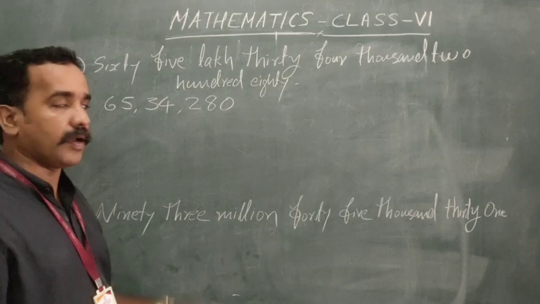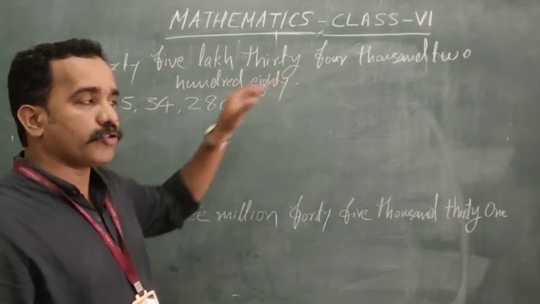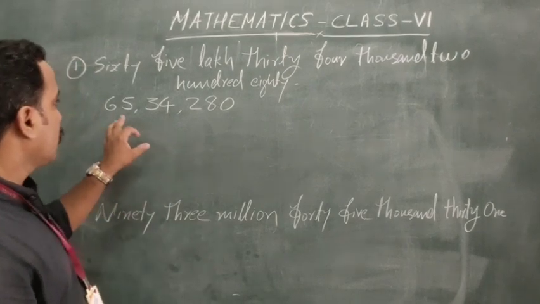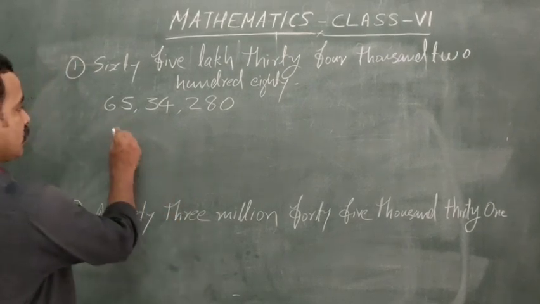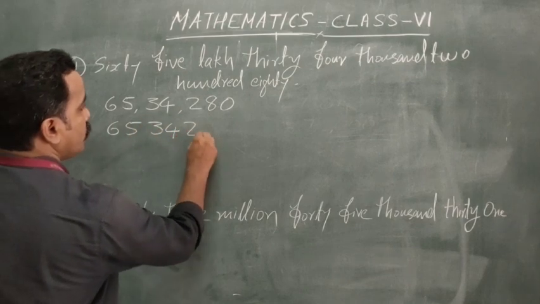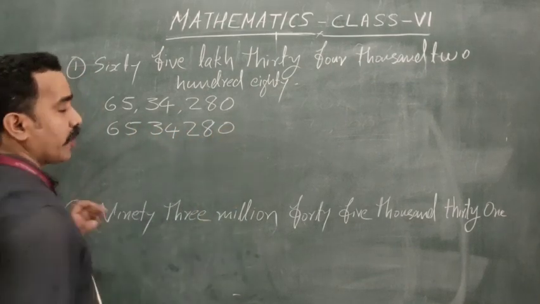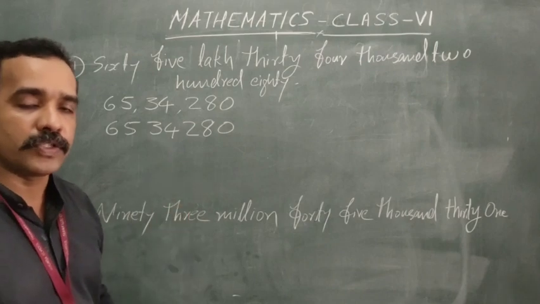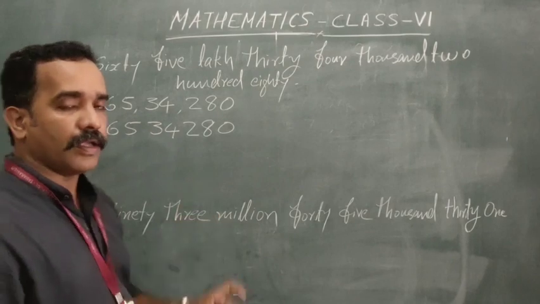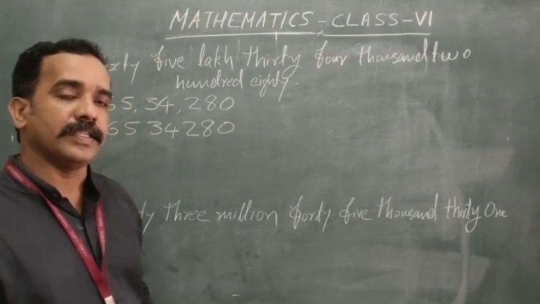This is the numeral for this number. Now to convert this into the international place value system, we have to write this again: 6534280. Now remember, in the international place value chart, every group contains 3 digits.